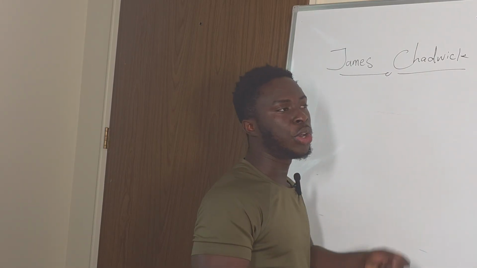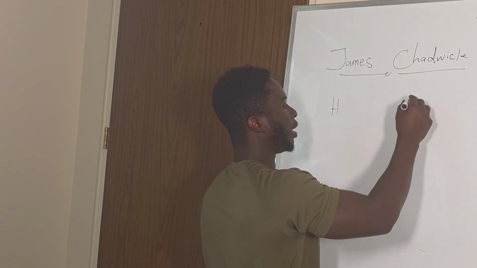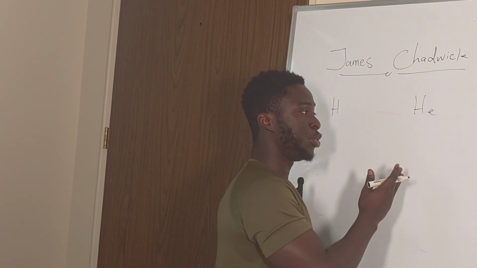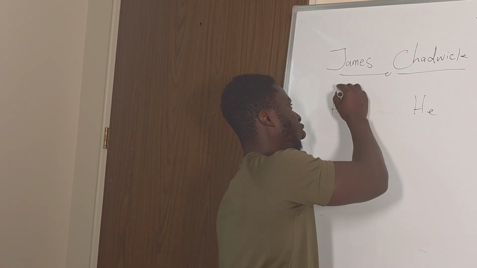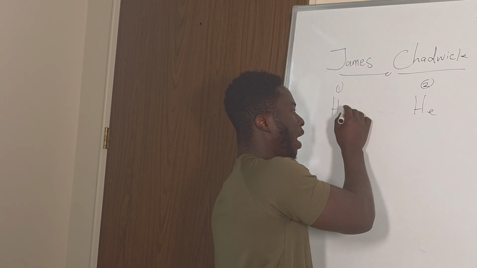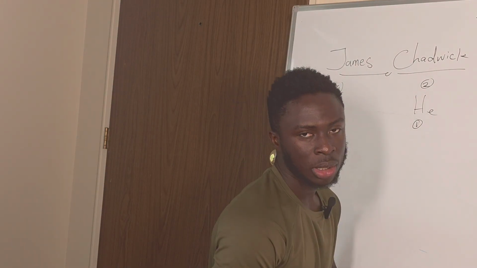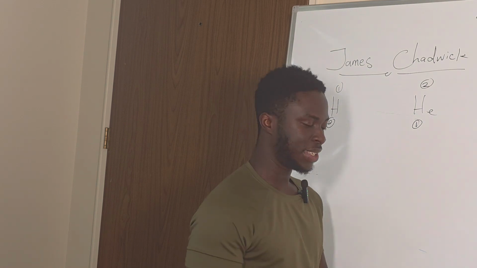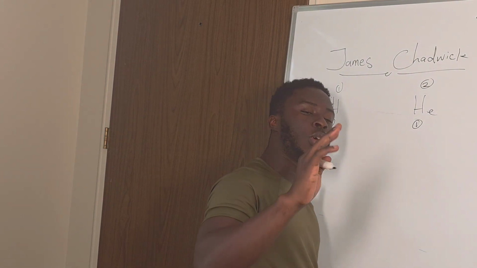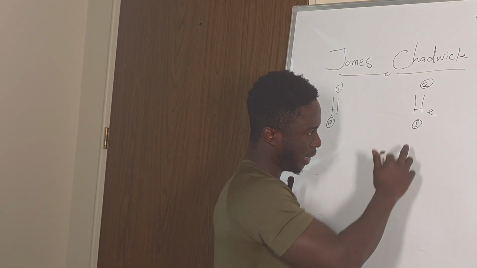He observed that when you take atoms like hydrogen and helium, if hydrogen is atomic number 1 and helium is atomic number 2, then 2 of hydrogen should give you 1 of helium. But when he measured the mass, he found that it takes 4 hydrogen to match up the mass of 1 helium.